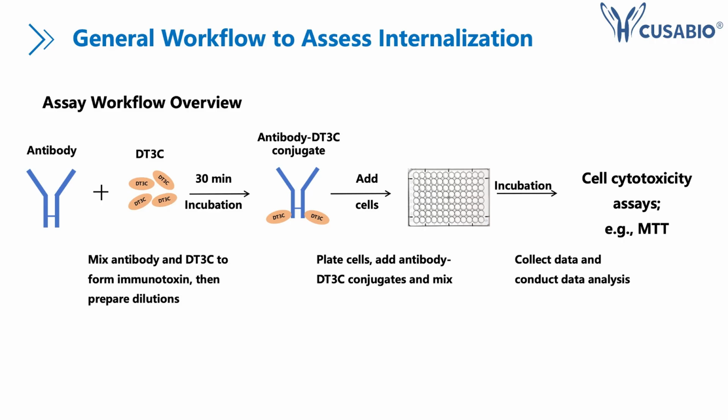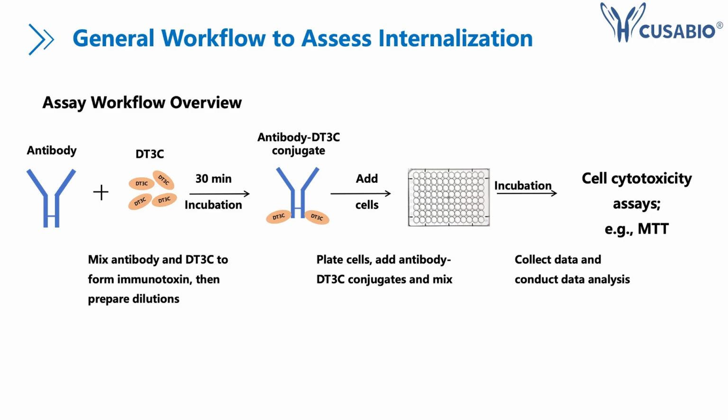The last step is that you perform the cell cytotoxicity assay to collect the data and do the data analysis. The whole experiment is easy to prepare and very convenient.